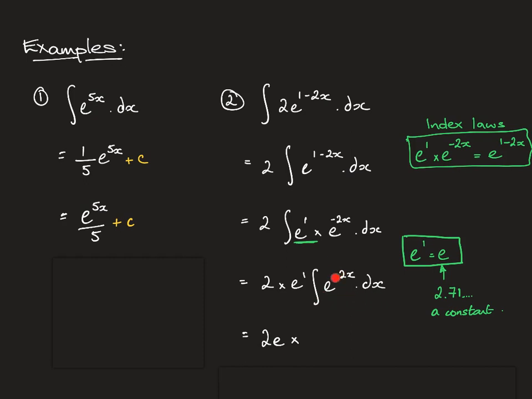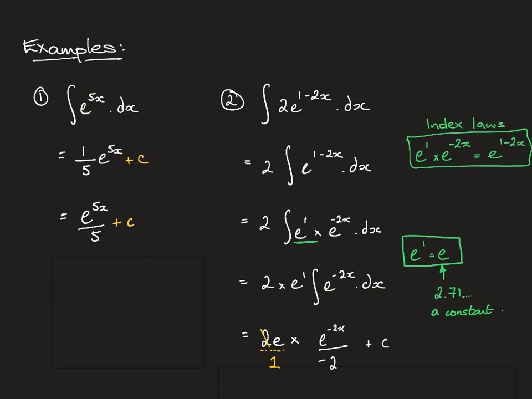So our a is minus 2, so our integral is equal to e to the minus 2x over minus 2 plus c. That's just using exactly the pattern that we had before. Now I'm going to multiply these two things together. So I have 2e, this is like on 1, if you like, times e to the minus 2x on minus 2.